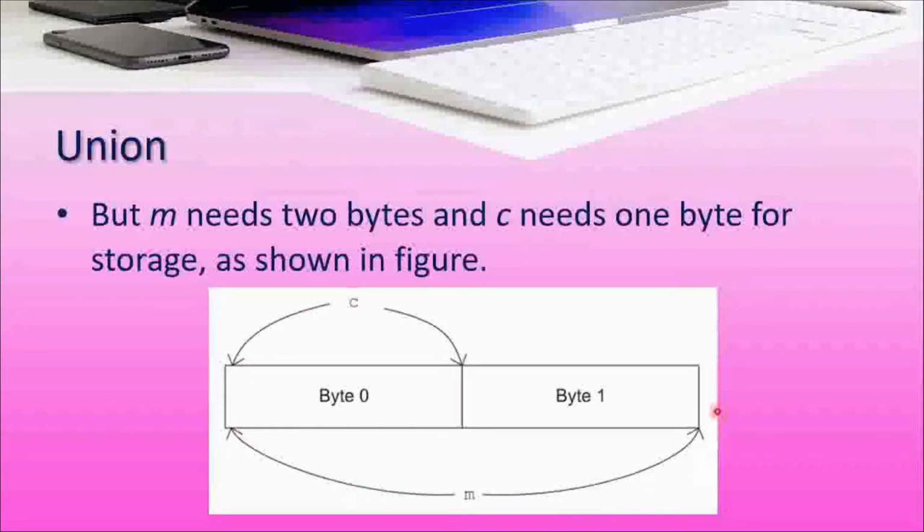This is because we need 2 bytes to store an integer, and we need only 1 byte to store a character type. So byte 0 will be affected by any assignment to C. Since byte 0 is a part of the memory allocated to M, obviously that will also affect M. On the other hand, if you assign some value into M, it will affect the entire 2 bytes.